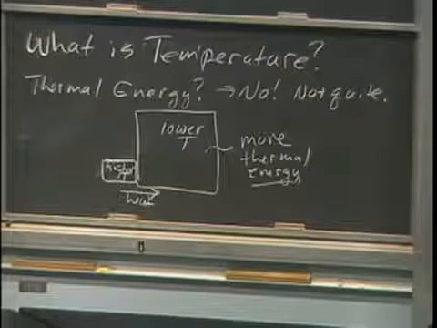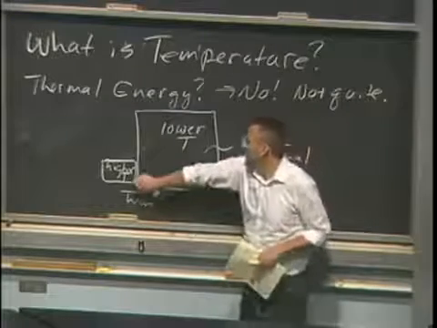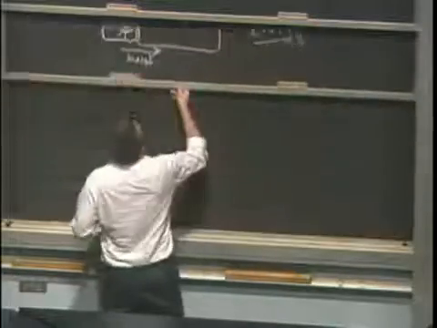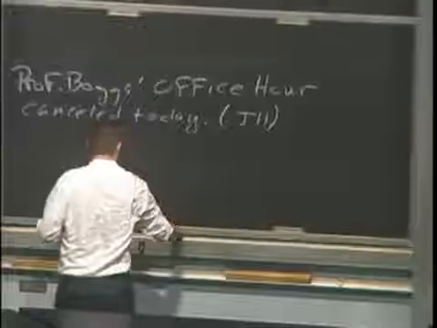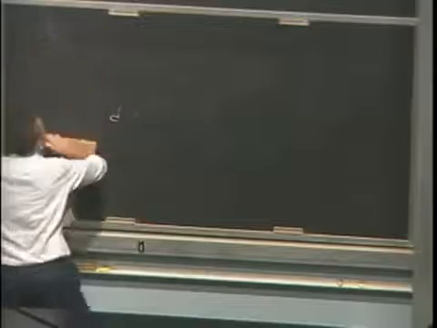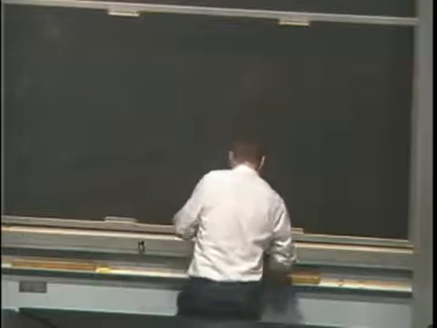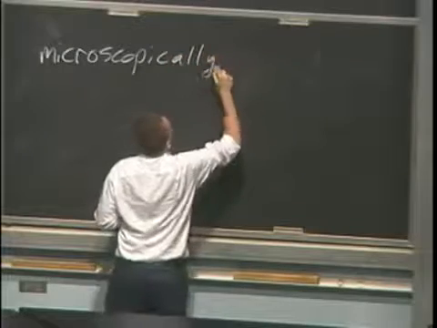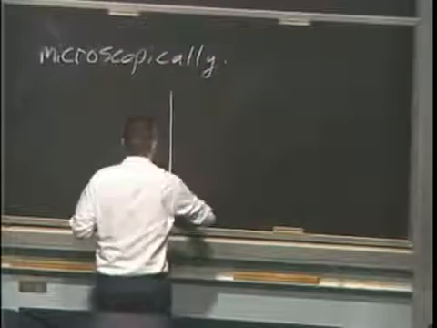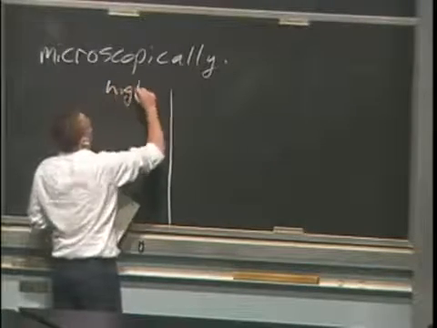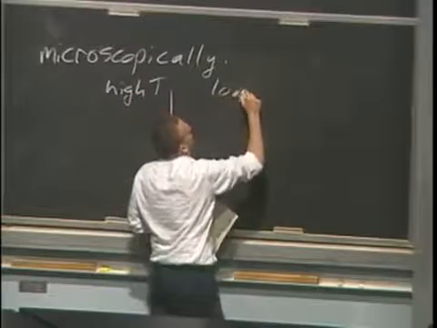So let's think about this microscopically. What's going on at this interface between the high temperature object and the low temperature object? Here is the interface, here is the high temperature object, and here is the low temperature object.